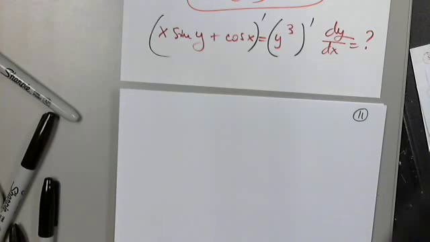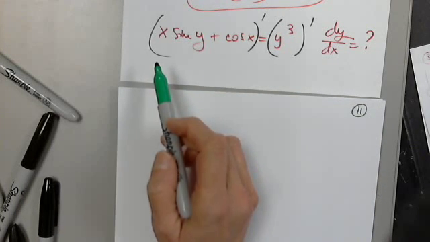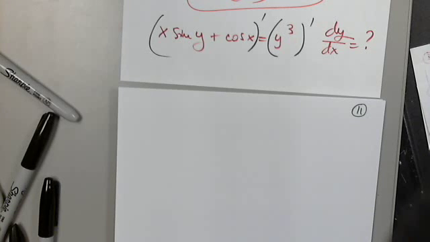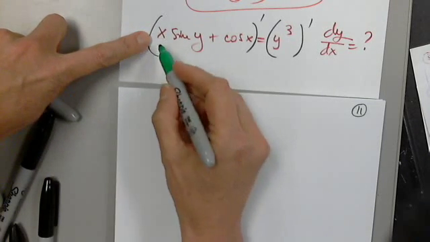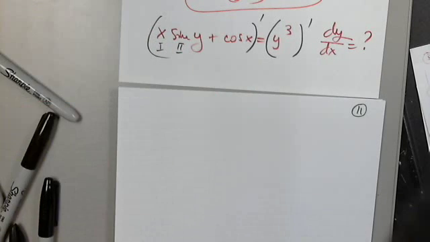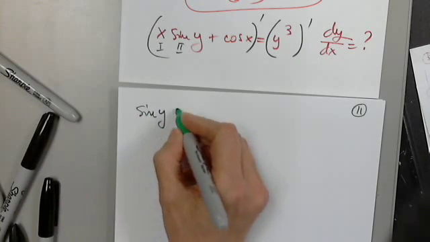So the left-hand side. Can anyone dictate? This is a product. First function, second function. Times? Perfect. Plus?